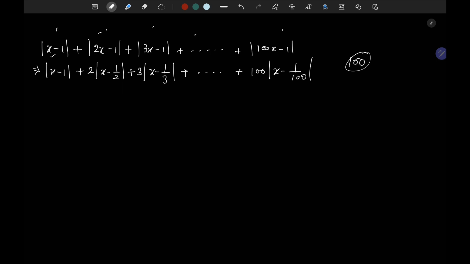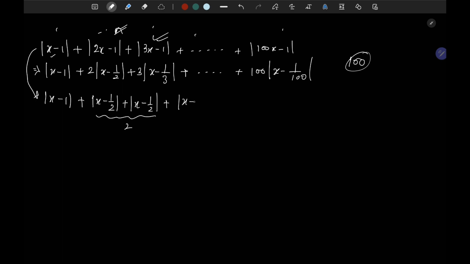Let's look carefully at what will happen from this modulus. This is a single modulus. From this particular modulus it will be mod x minus 1/2 plus mod x minus 1/2, that means in total you have 2 terms. From this particular modulus we will have similarly 3 terms, right?